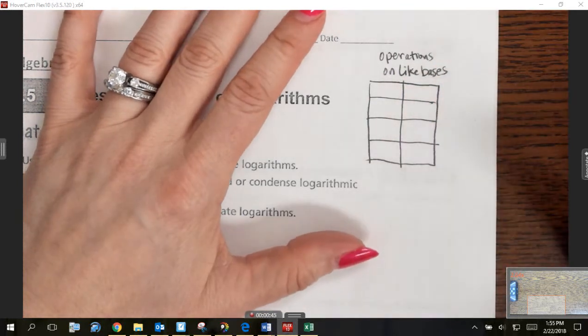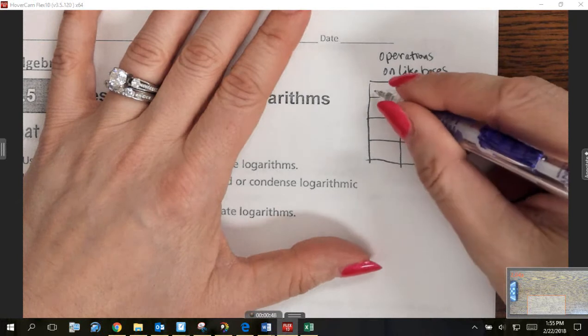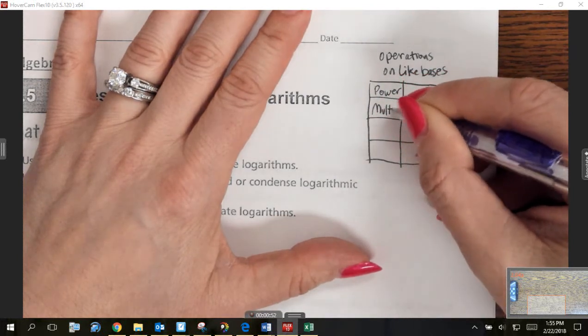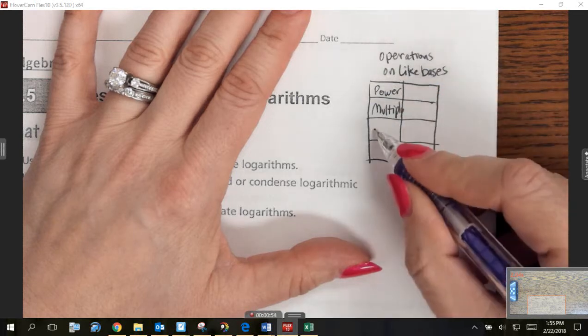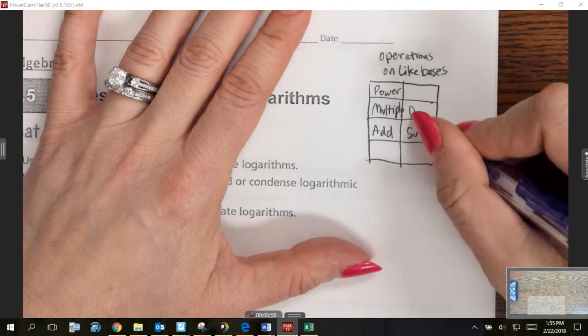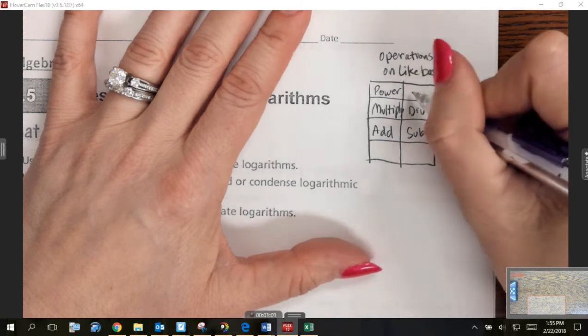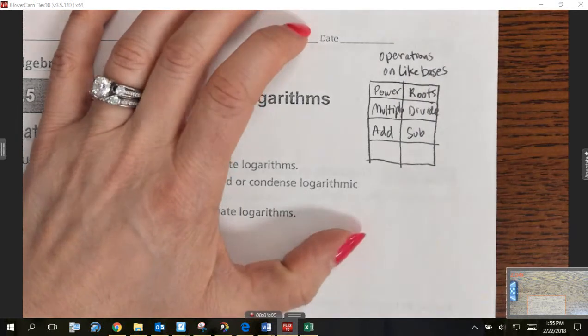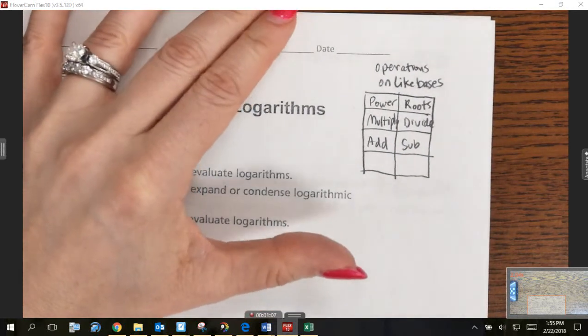So when we talk about operations on like bases, we're talking about things like doing power, or multiplying, or addition, subtraction, divide, and roots. Now those are powers on like bases.